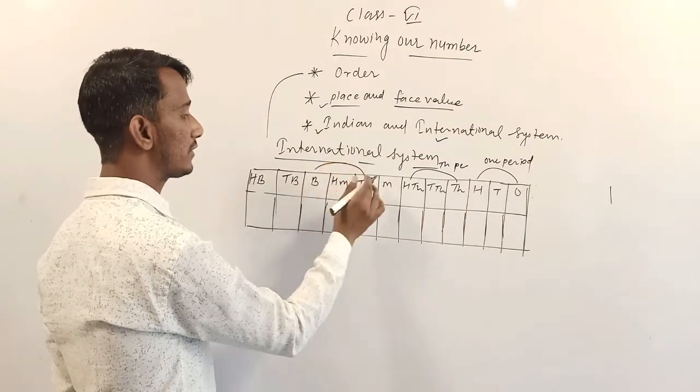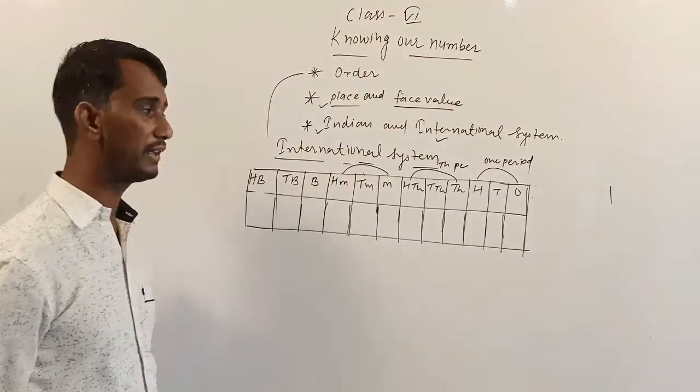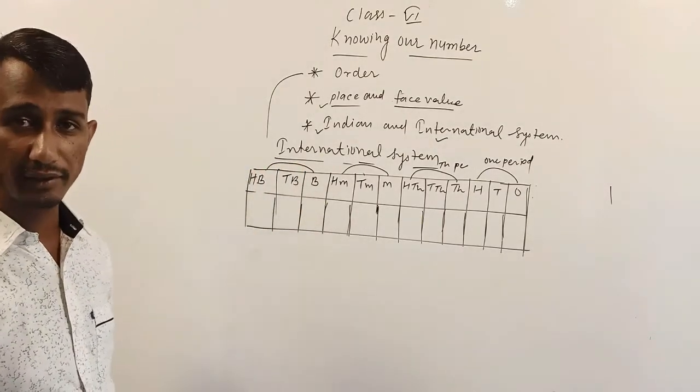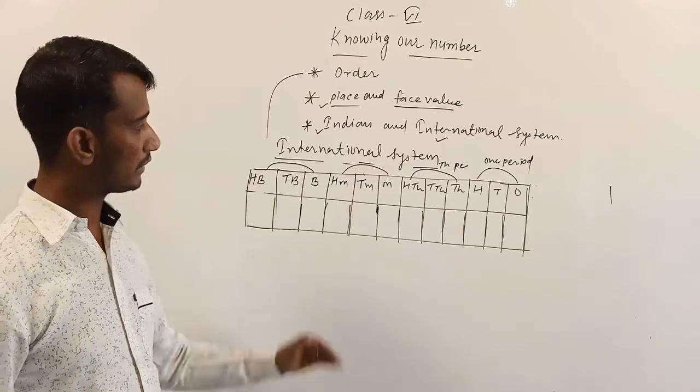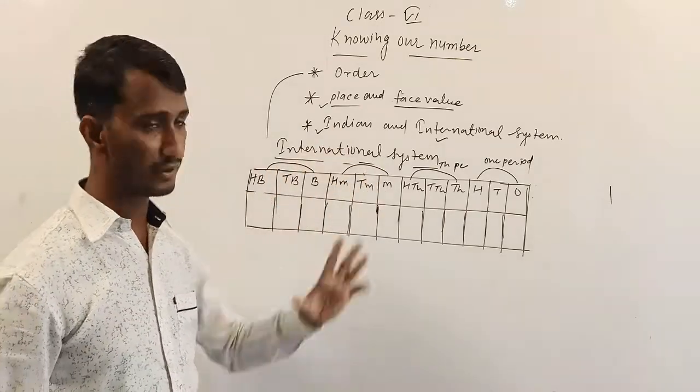Million, 10 million and 100 million is called the million period. Billion, 10 billion and 100 billion is called the billion period. Okay. So I think you are easily comparing between the Indian system and the international system.